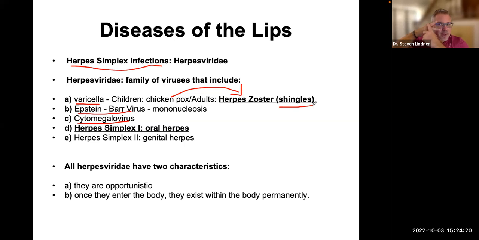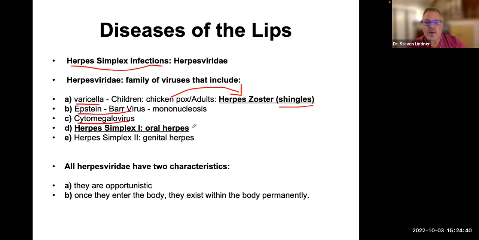It can go to the ophthalmic branch, the maxillary branch, and the mandibular branch. When the maxillary and mandibular branches get affected, it will target the lips.